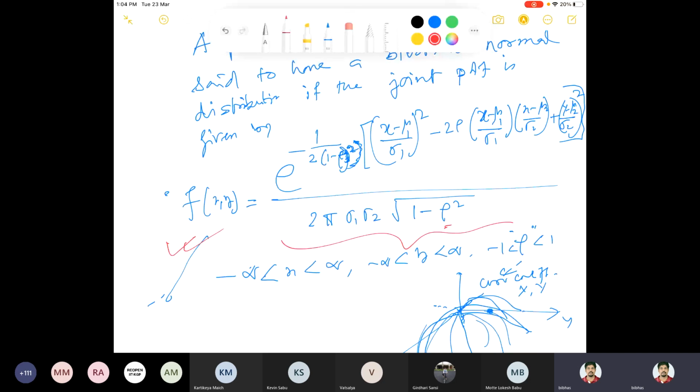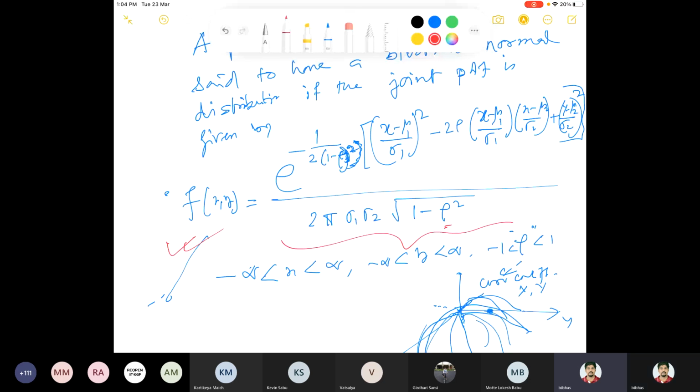So rho is actually binding everything together. It binds the marginal distributions together and produces the joint normal distribution, the bivariate normal distribution. This correlation coefficient plays a big role in understanding how two different random variables interact with each other.